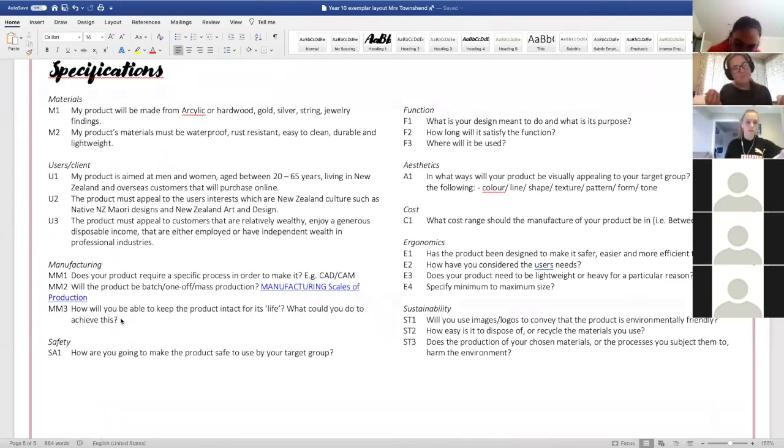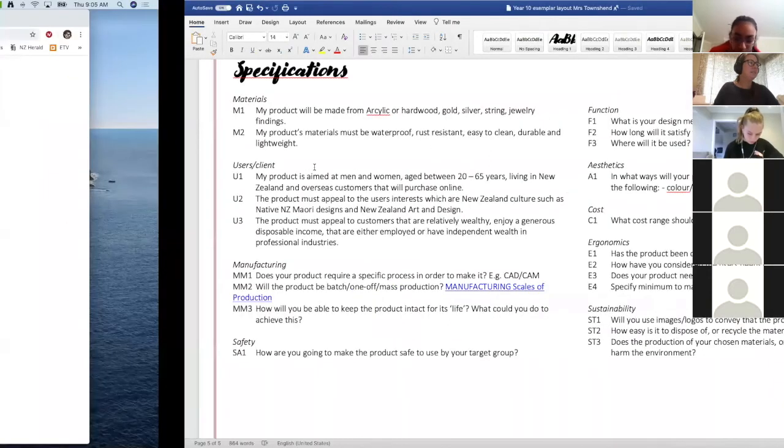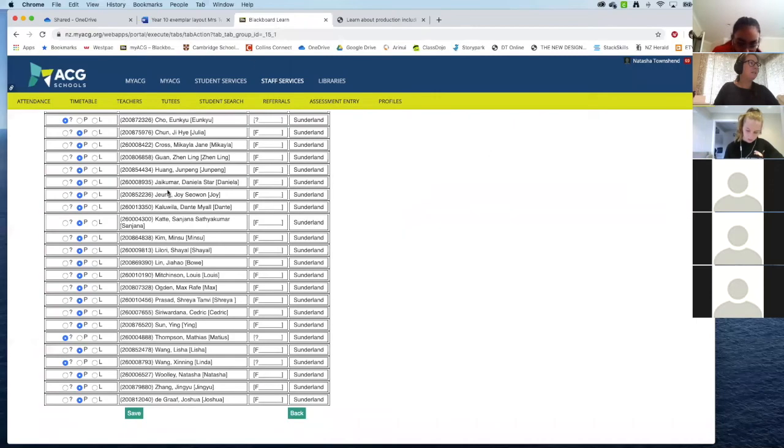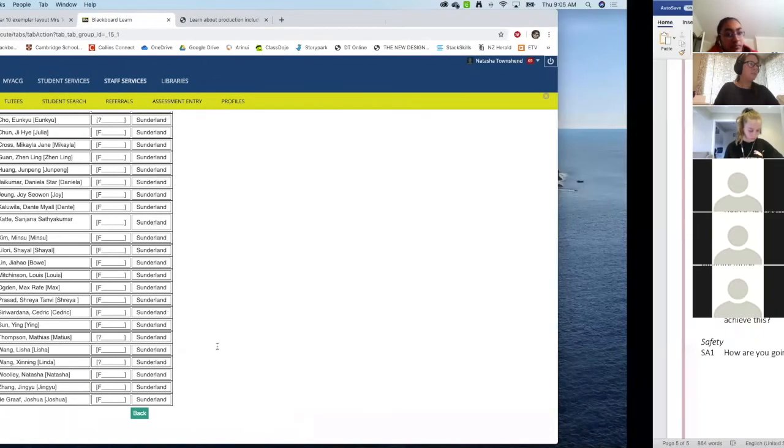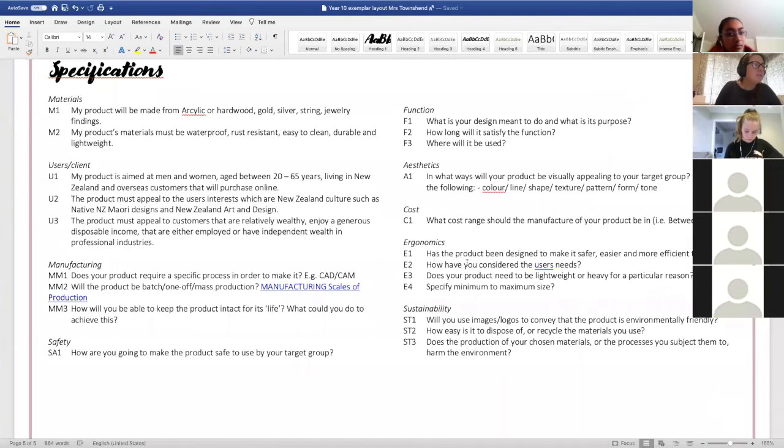Is that what we're saying here? My product must, I wonder if that comes under a different function, sustainability, manufacturing. No, I think that's probably a really good thing to say.